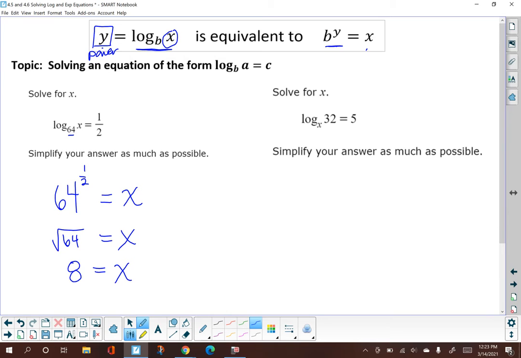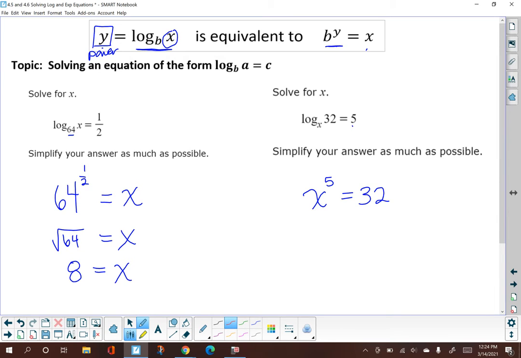Okay, in this next equation, we again have a log equation. If we convert this into exponential form, it's a little bit different though, because our base this time is our variable x. So if we write this log in exponential form, our base is x, and the power is 5, and it's equal to 32. So we're solving the equation x to the power 5 is equal to 32.